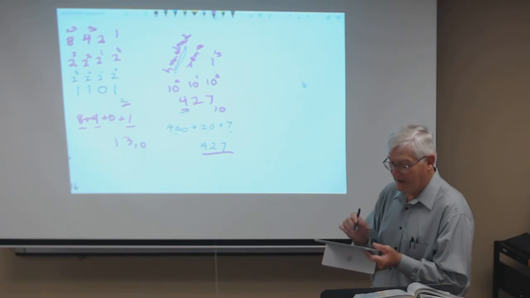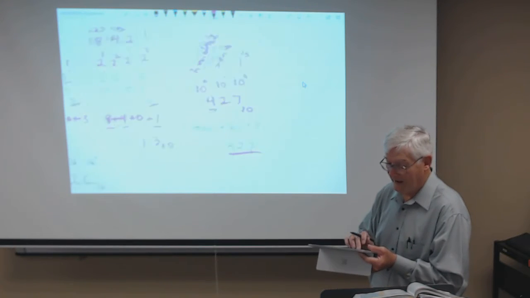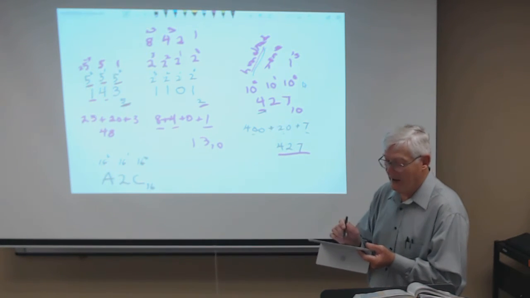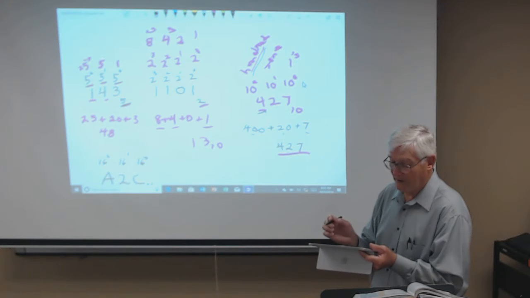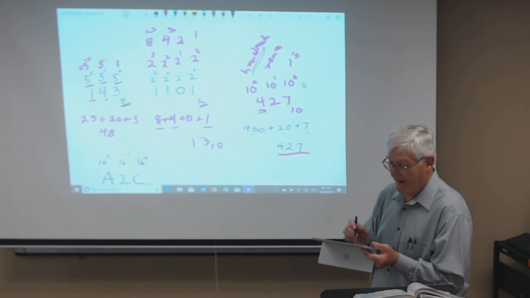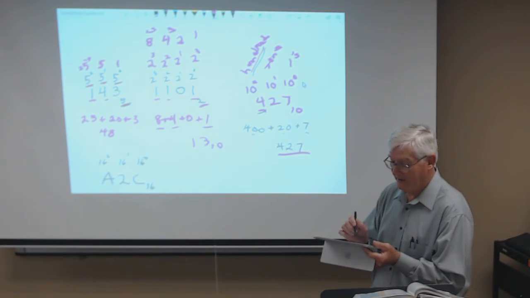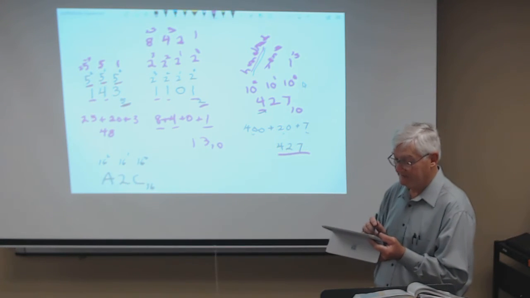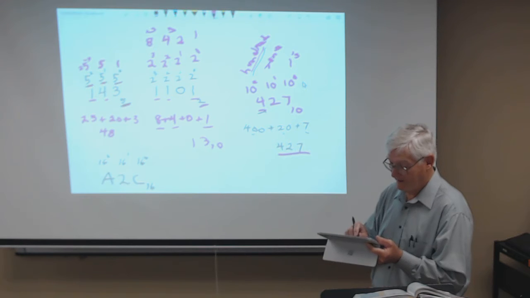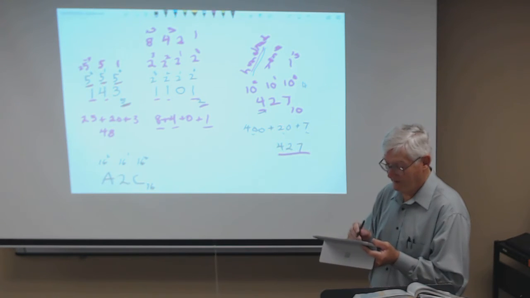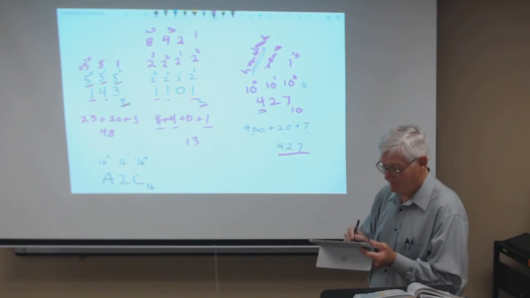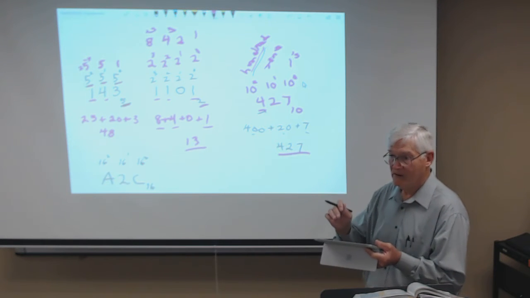But when you change it to something else, then you have to figure out what each place value is worth, and then take these digits times those place values and add them up. 13. Okay? Does that help?